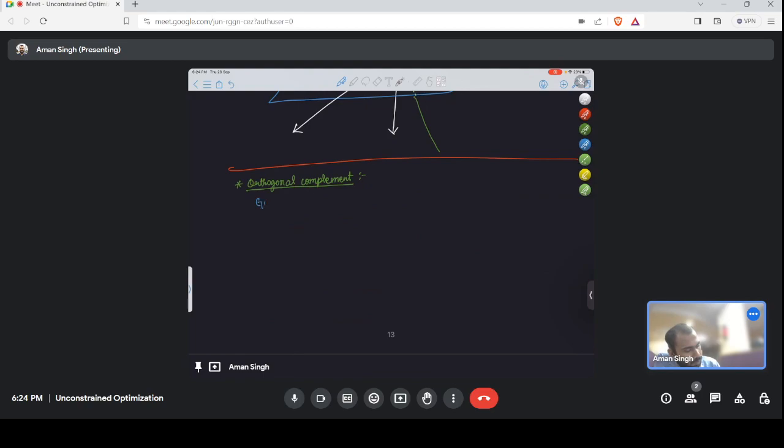Given a subspace S of Rn, the space of all the vectors orthogonal to S is called the orthogonal complement.